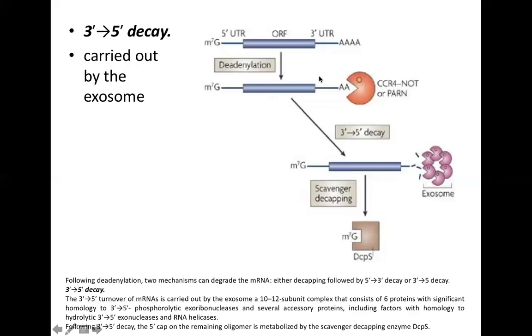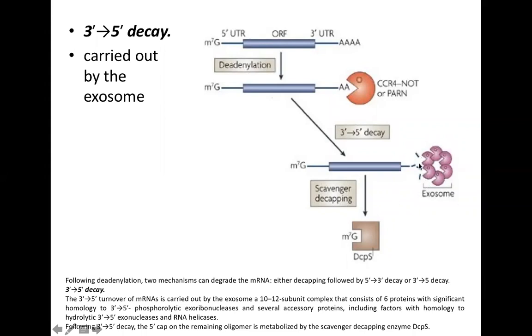First, you need to remove the poly A tail by certain deadenylases, and then a complex of proteins we call the exosome, which has roughly 6 proteins, each with RNA-destroying ability.